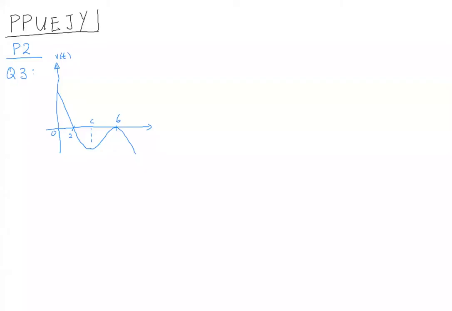Okay, this is a VT graph. So when I have this graph, I will ask myself what is the relationship between, draw the graph of the acceleration. So you know that acceleration is the derivative, the rate of change of velocity, right?